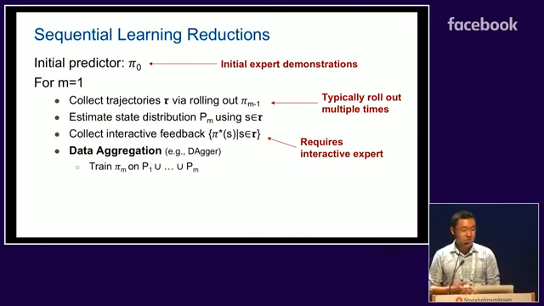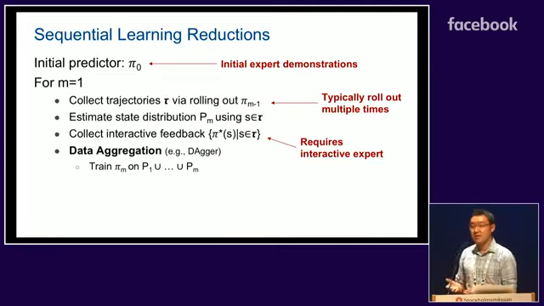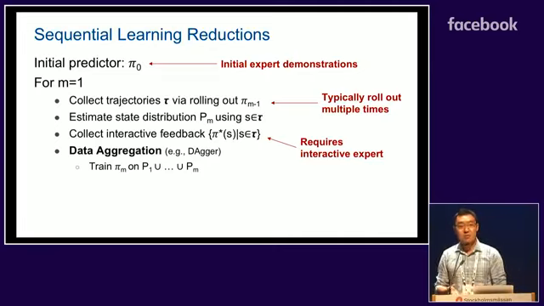What data aggregation does is it trains a single policy, pi sub m, on the union of all the data sets and distributions that we've collected so far. It can get a little bit more complicated than this, but that's sort of the simplest setting. And what this means is that pi sub m is training on all the mistakes that have been made so far during every round of training.